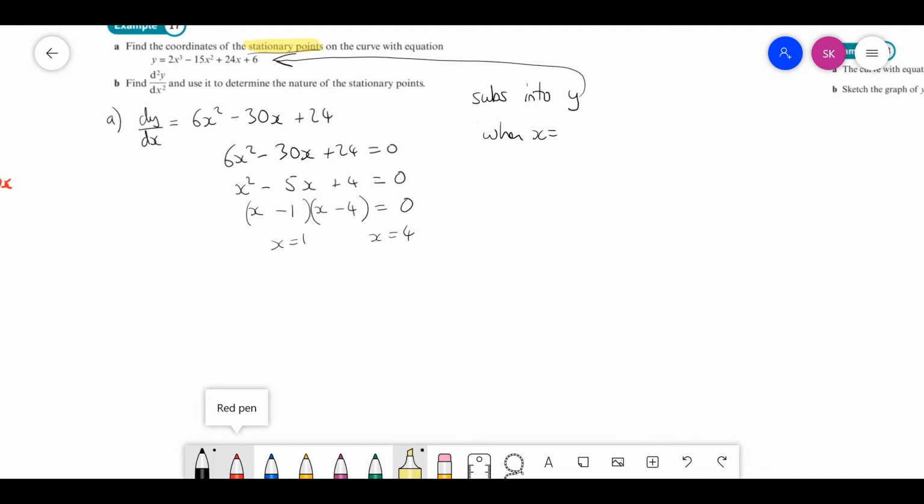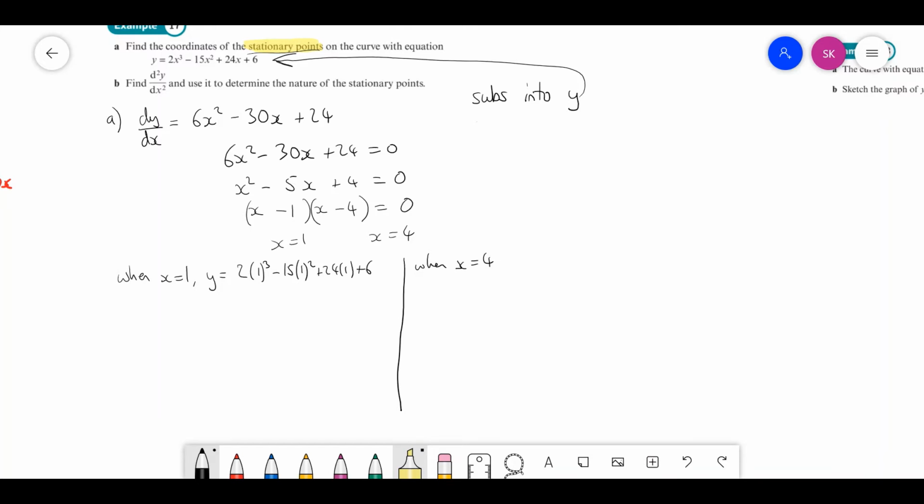When x equals 1, y equals 2 bracket 1 cubed minus 15 bracket 1 squared plus 24 bracket 1 plus 6. Just so you can see where we're going with this, when x equals 4, because remember there's two solutions, y equals 2 bracket 4 cubed minus 15 bracket 4 squared plus 24 bracket 4 plus 6.